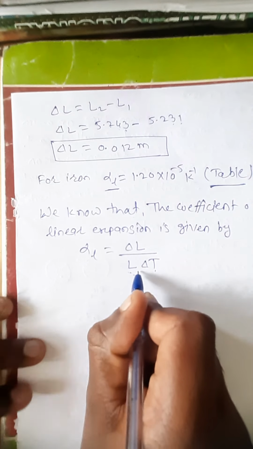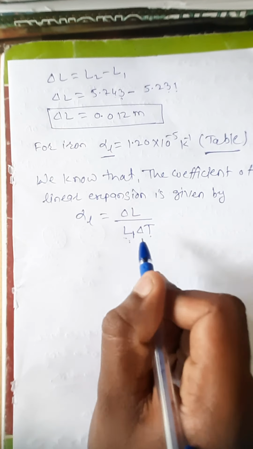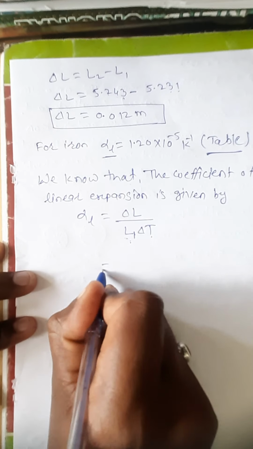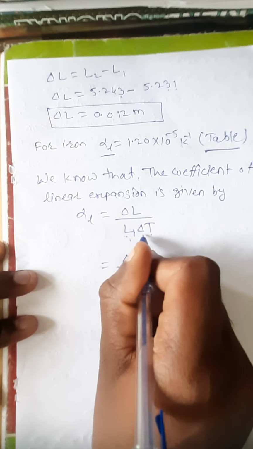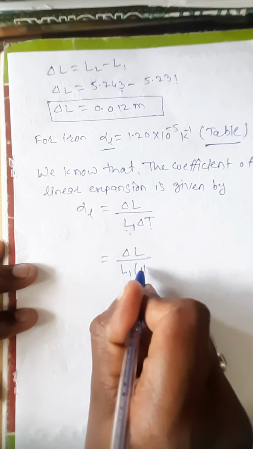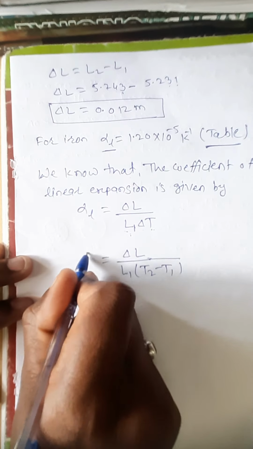Therefore alpha L equals delta L divided by L1 into delta T. What is delta T? Delta T is nothing but the final temperature minus the initial temperature, T2 minus T1.